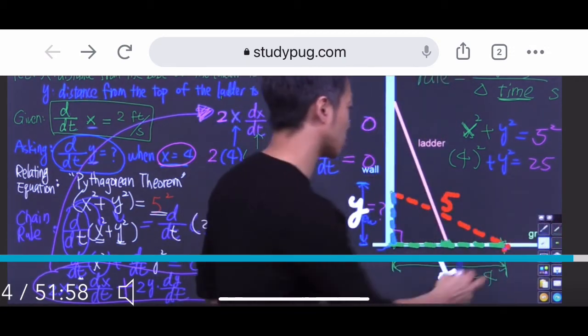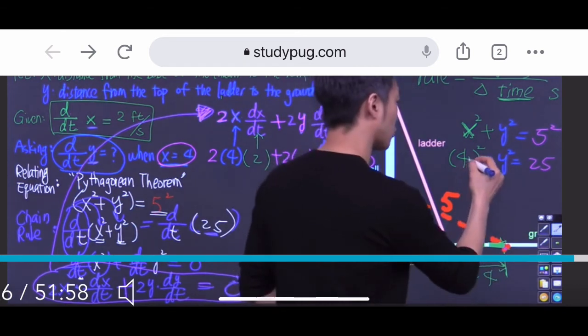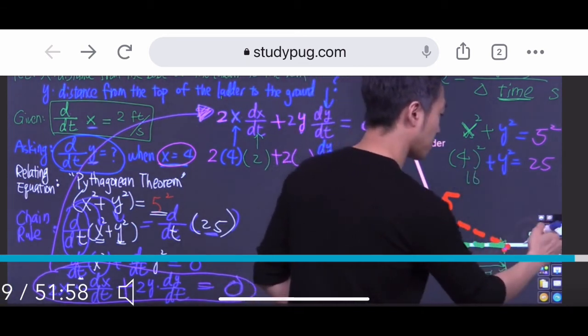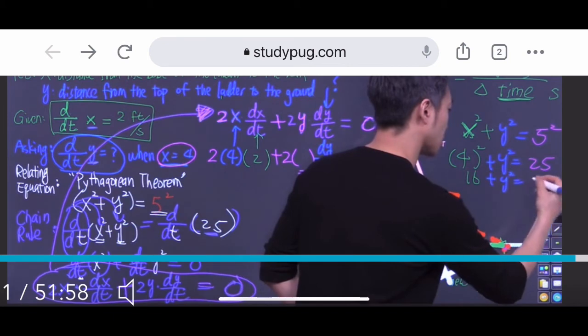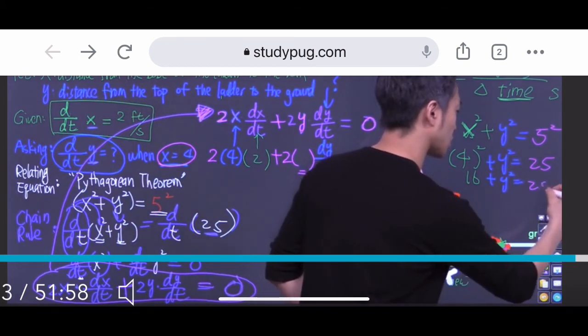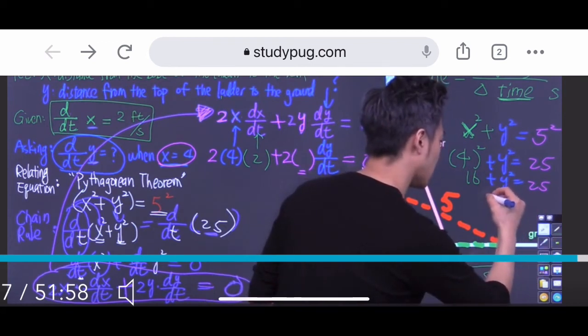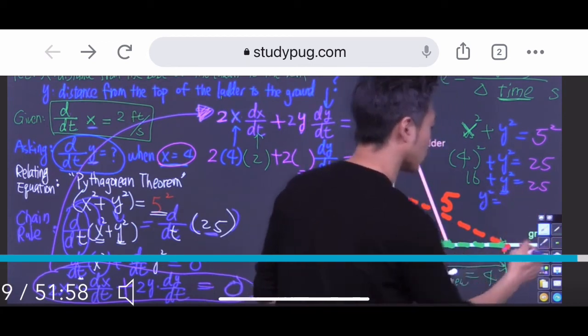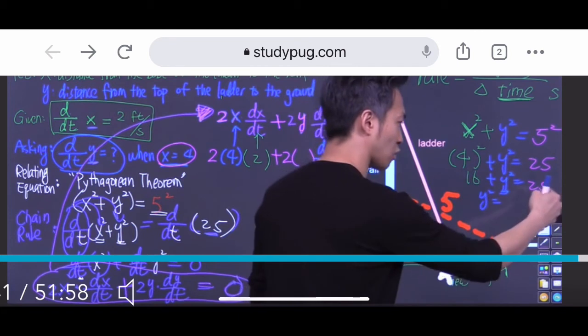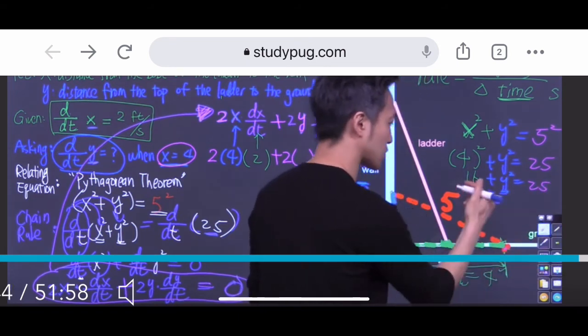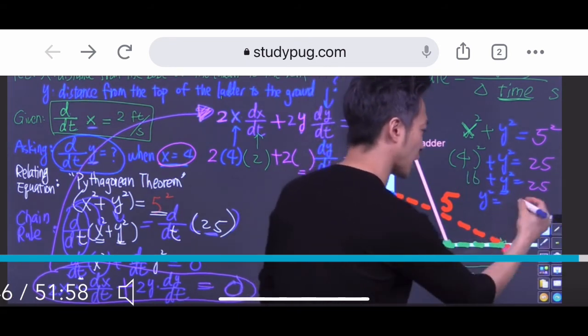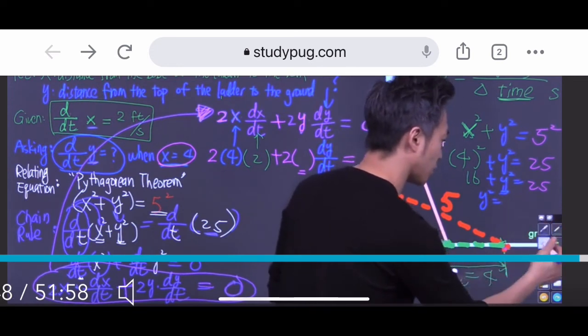Here we have 4 squared is 16 plus y squared is equal to 25. Solving for y, y squared is equal to, subtract 16 from both sides of the equation, we get 9.